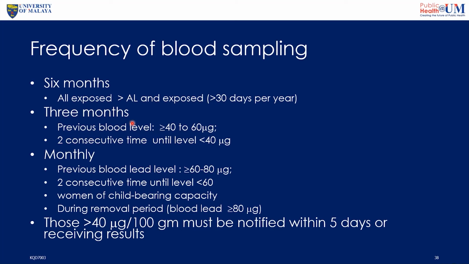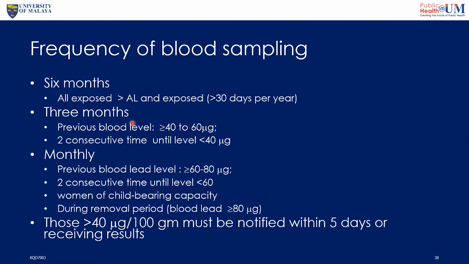It's basically just for you to understand there's different sampling based on the level of exposure and the previous blood level. So if you are exposed to the action level, basically within 30 days, you must do the blood level test. All right.